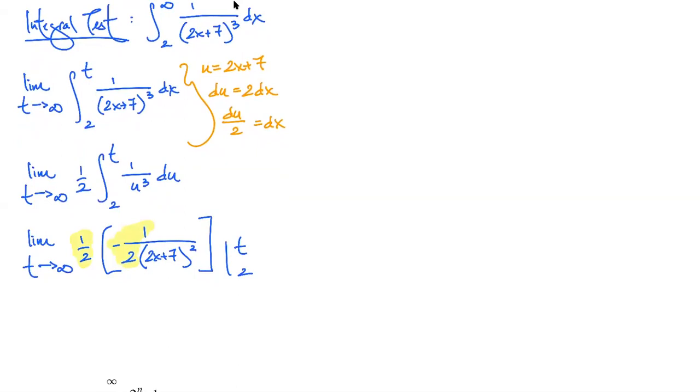So it's going to be negative 1/4 times the limit as t approaches infinity of 1 over (2t plus 7) squared minus 1 over, 2 times 2 is 4 plus 7 is 11, so 11 squared.